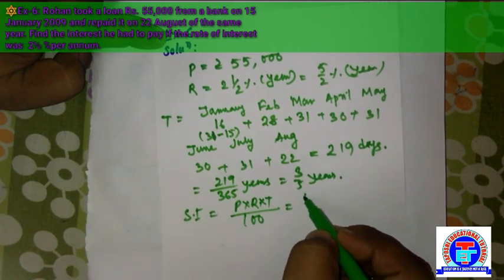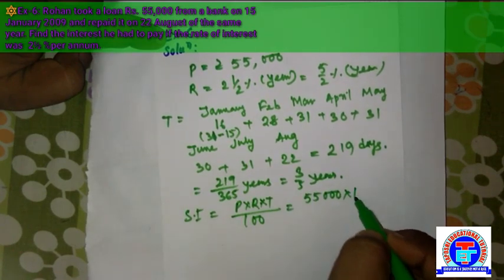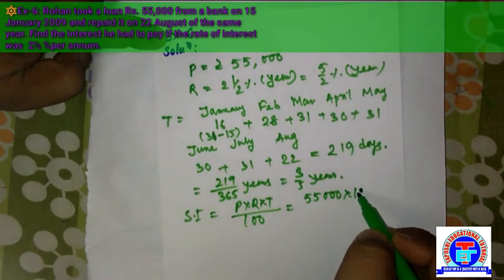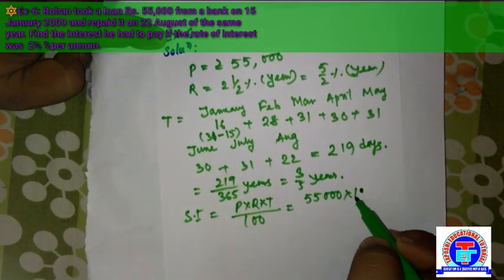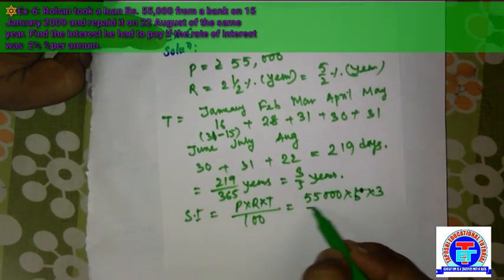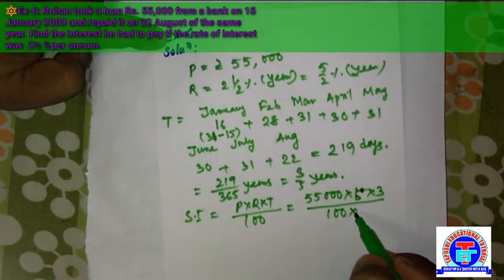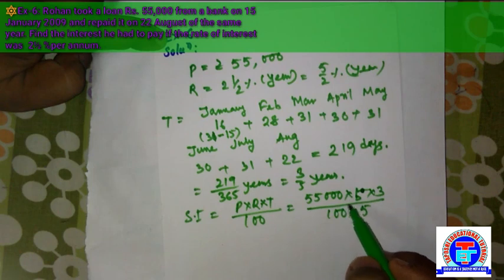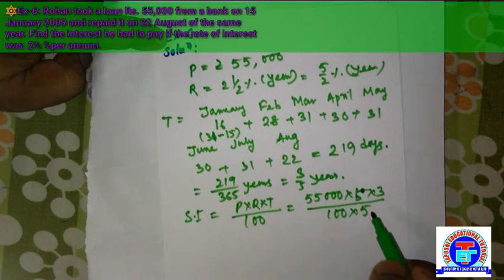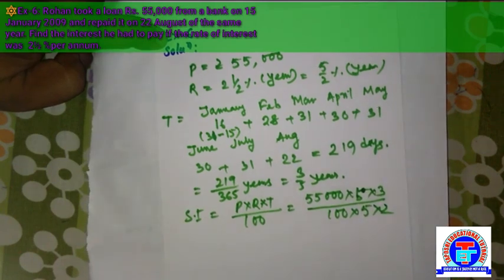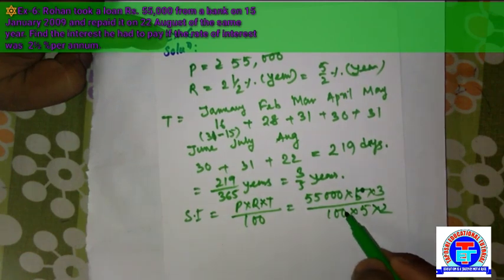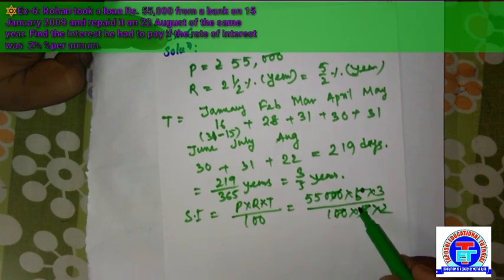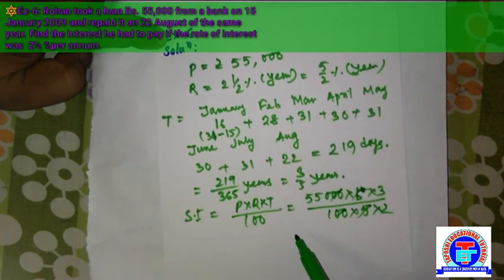Now put the values: 55,000 into rate of interest 5/2% into time 3/5, divided by 100. Clear?